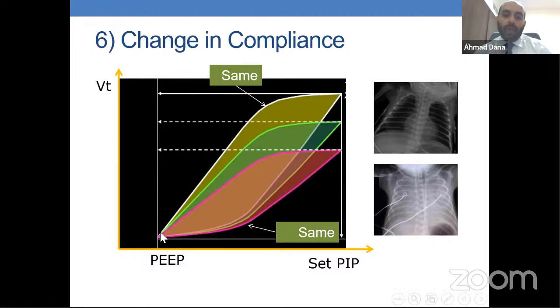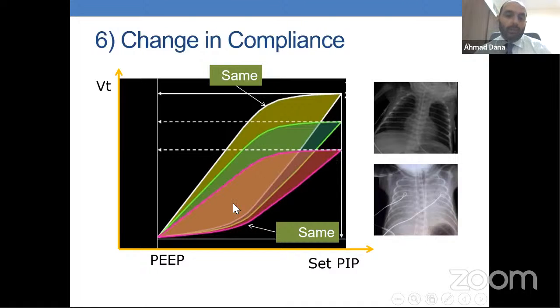So if you have a baby who was just born, he's having surfactant deficiency, he's like a new balloon. You need very high pressure to open up the lung. Then you get very little volume with very high pressures. So with the same PIP, you get low volume. This means poor compliance.